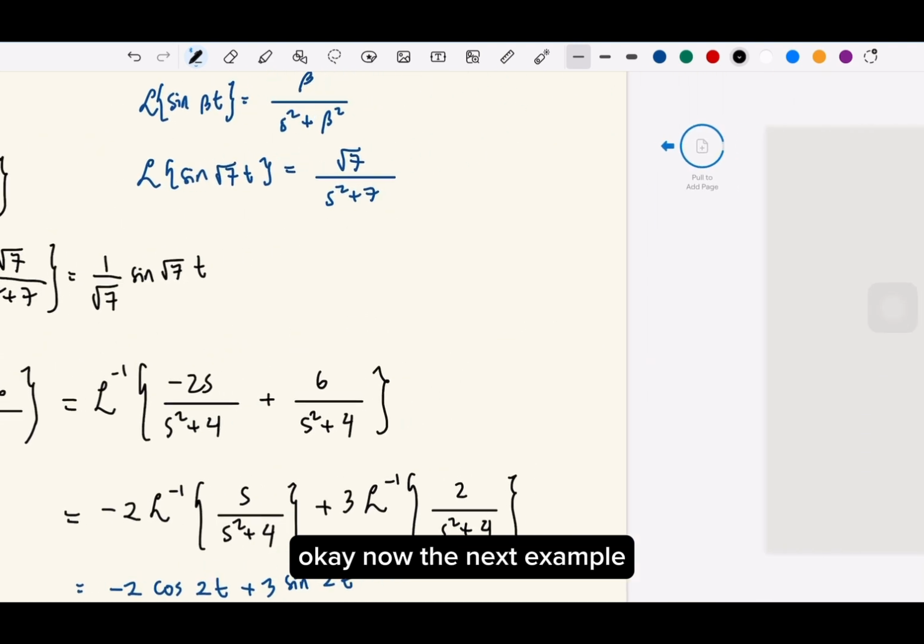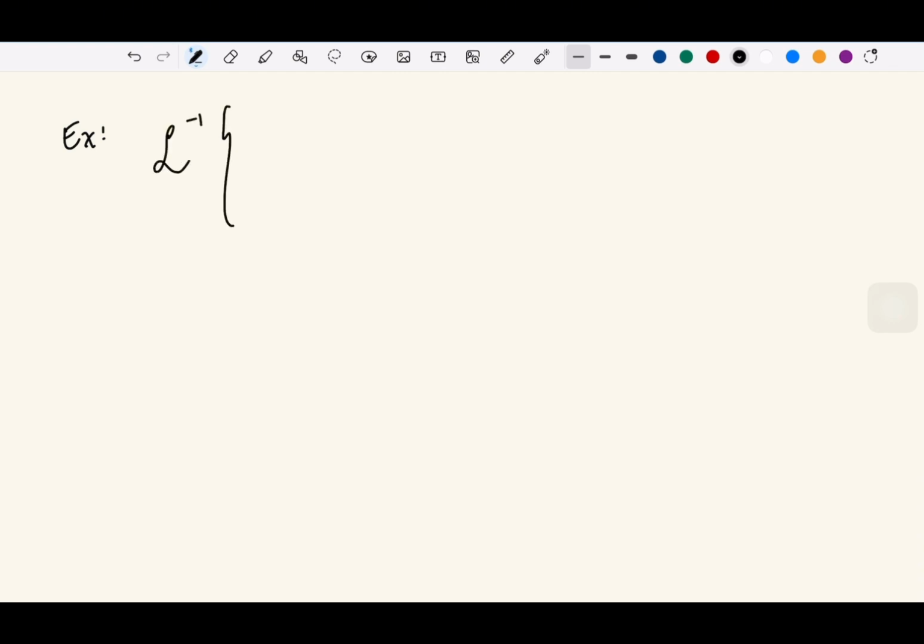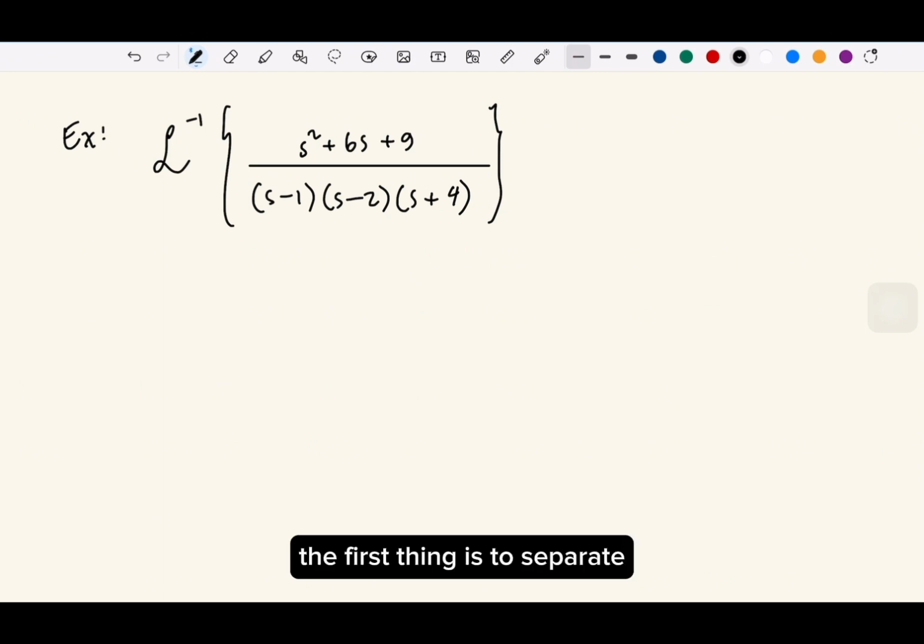Okay. Now the next example is if we have the Laplace inverse of an expression with s minus 1. To solve this, the first thing is to separate.